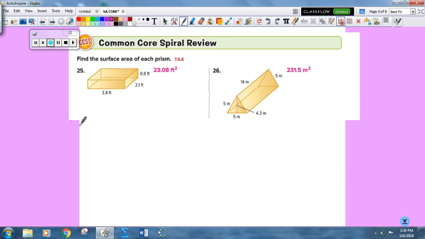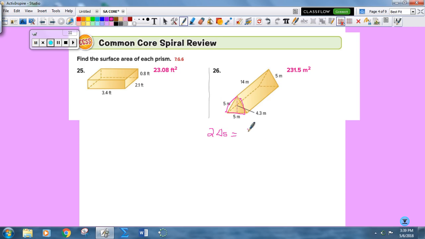25 is a rectangular prism, so you can add up all the sides, or you can use the formula. 26 is a triangular prism, so I recommend you add up all the sides. So first, I'm going to do this triangle, which there are two of. So 2 triangles.